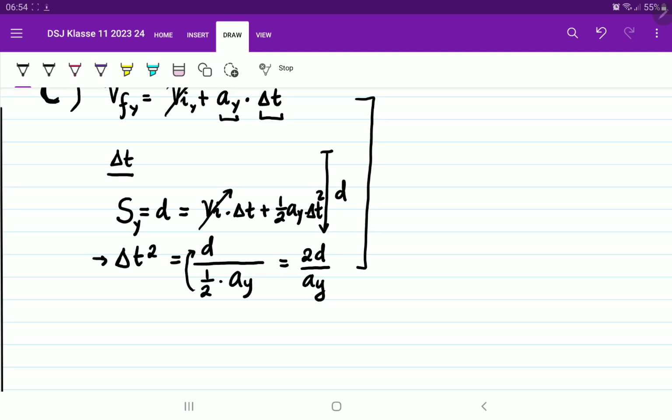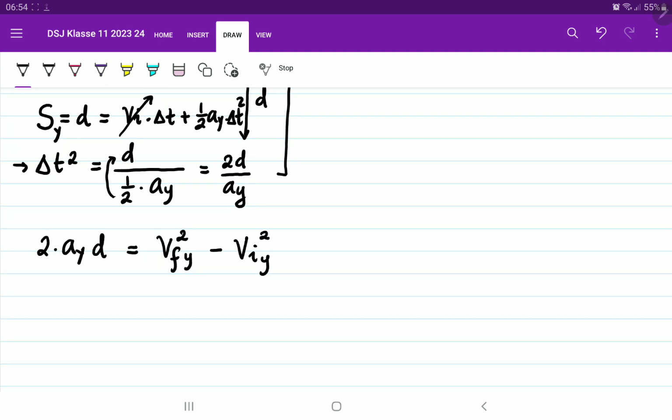But what I can tell you is that after combining them, you will get 2 times a times the distance, the a is the a in y direction, equals the final speed in y direction squared minus initial speed in y direction squared.